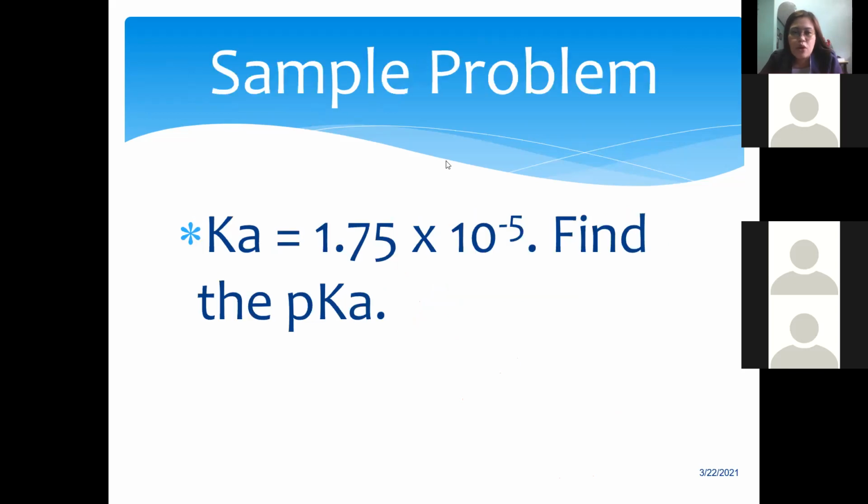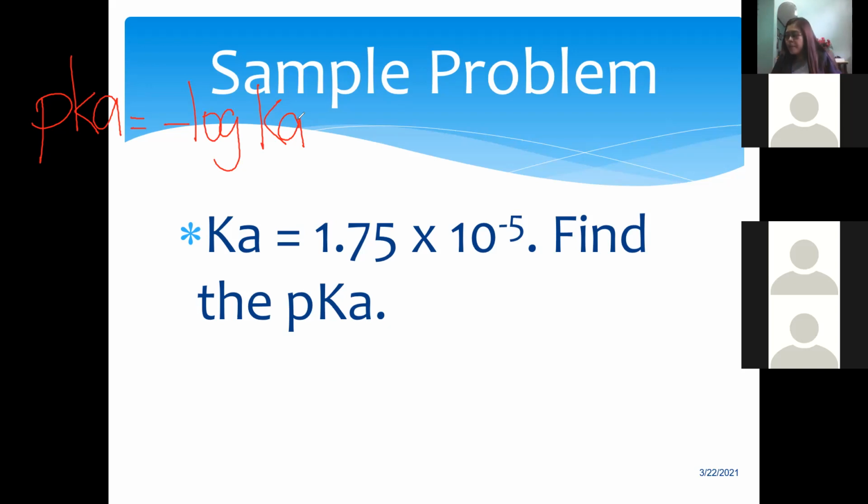And if we want to compute our pKa, our formula is most likely the same with the pH also, but this will become pKa is equal to the negative log of our Ka. Again, if you are asked to compute the pKa of the acid, then you have to use this formula. pKa is equal to the negative log of Ka.